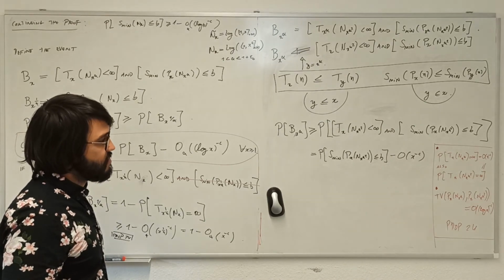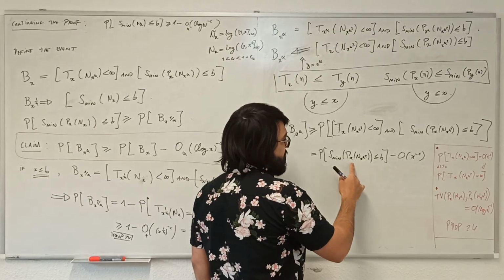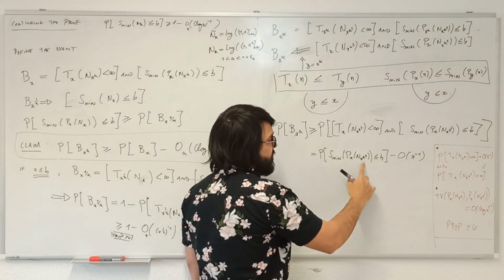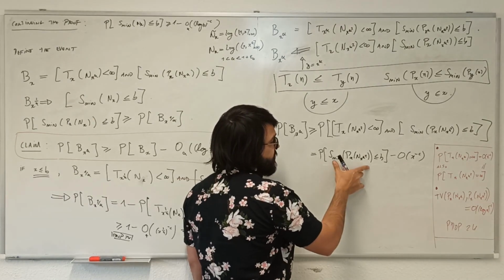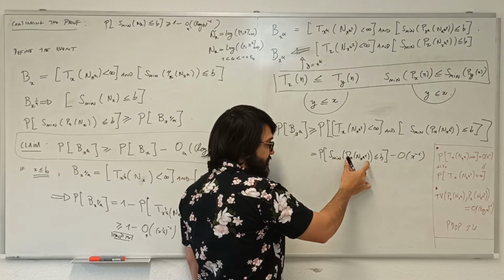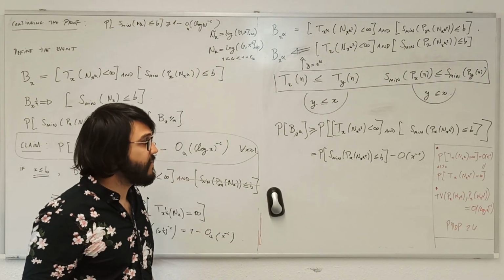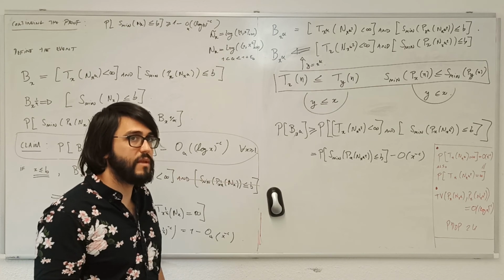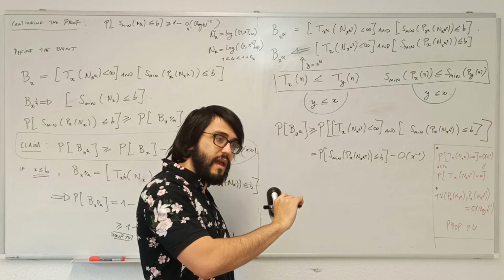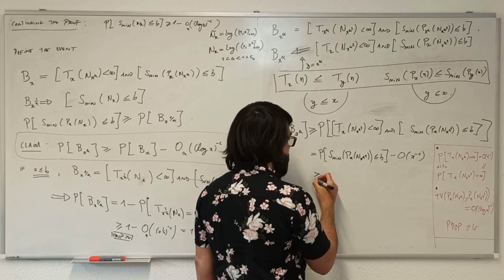And now I can bound this from the total variation, because this is the probability that this thing belongs to the set of integers such that S min is less or equal than B. This is bounded from below by the probability, using the problem where I defined the total variation.